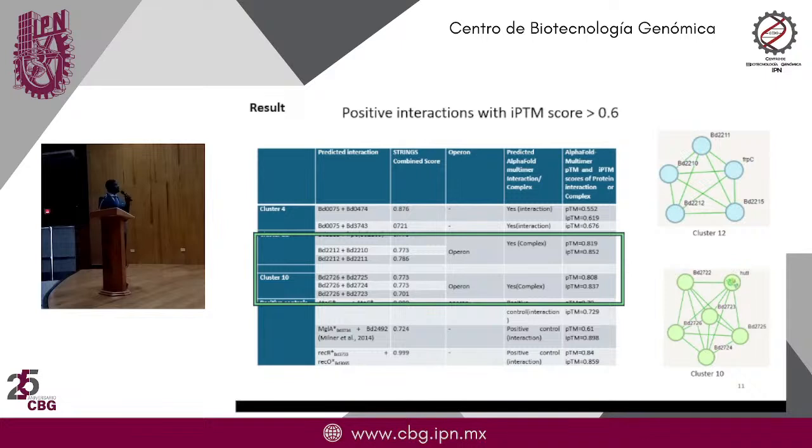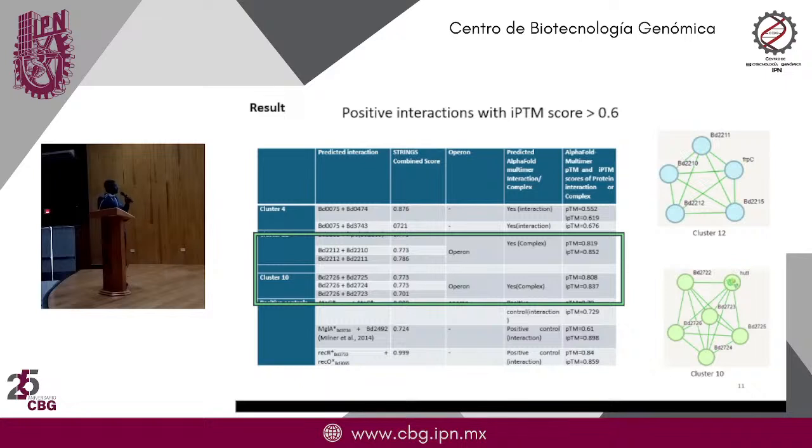An IPTM score that is less than 0.5 is a random interaction, but more than 0.5 is fairly confident, but we decided to go a little above that and use 0.6. So any interaction above 0.6 is a positive protein-protein interaction predicted by AlphaFold-Multimer.